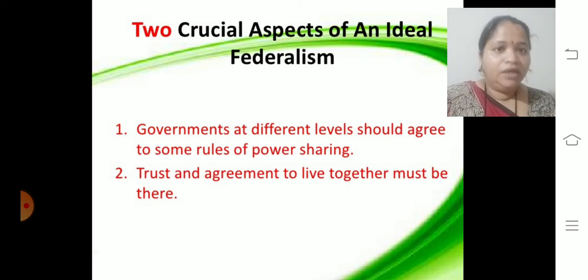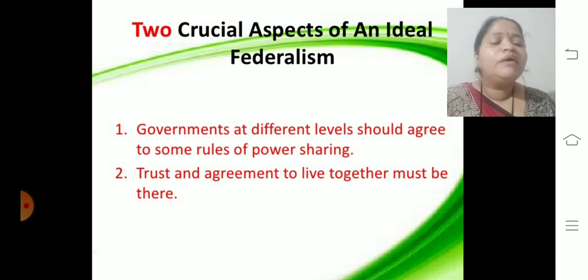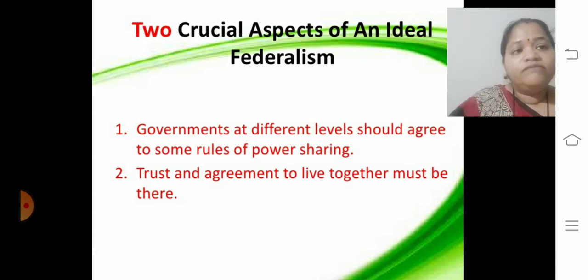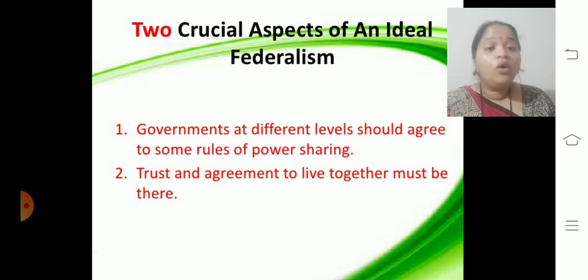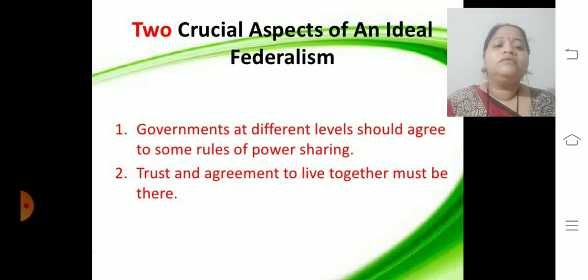Governments at different levels should agree to some rules of power sharing. It means that when the constitution specifies or frames the policies and powers between these governments, the motto is that whether it is the central, state, or local government, the different levels should agree.